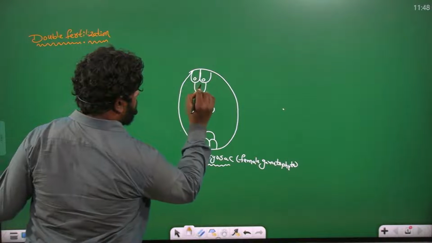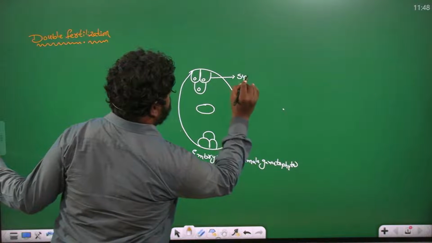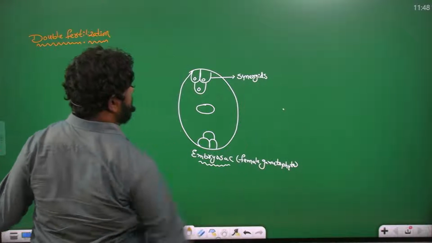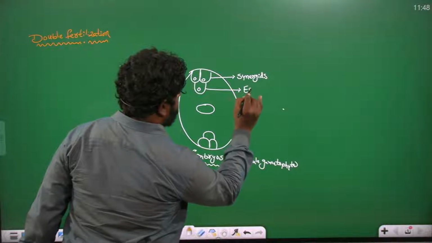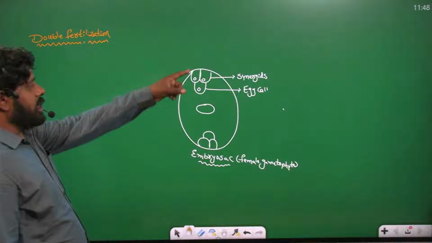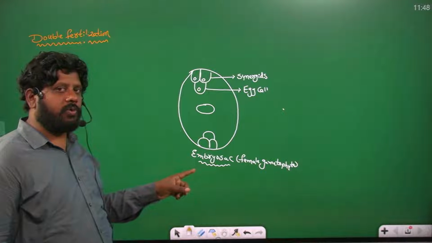Here 3 cells are present towards the anterior portion of the embryo sac.